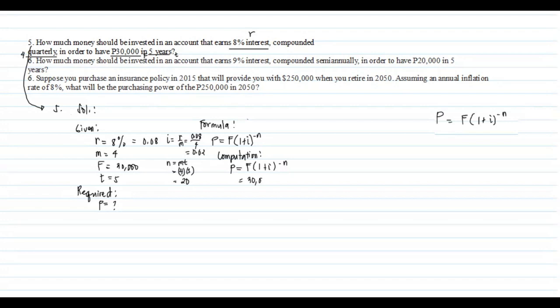That's a compound amount. 1 plus I, which is 0.02, and then negative. Do not forget that it's negative. Negative 20. Tapos, 30,000 times 1.02 raised to negative 20. So, we could start with this one, yung ating 1.02 raised to negative 20.